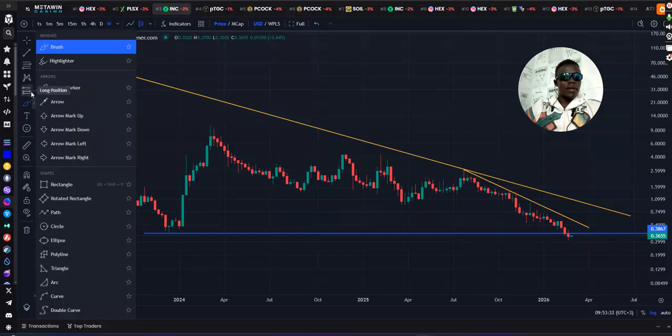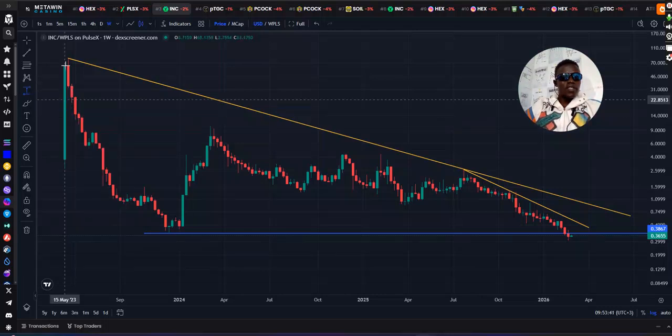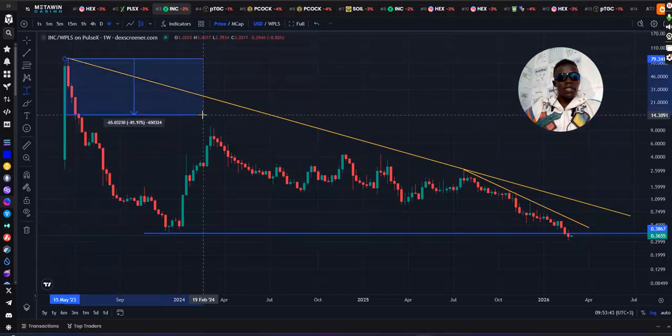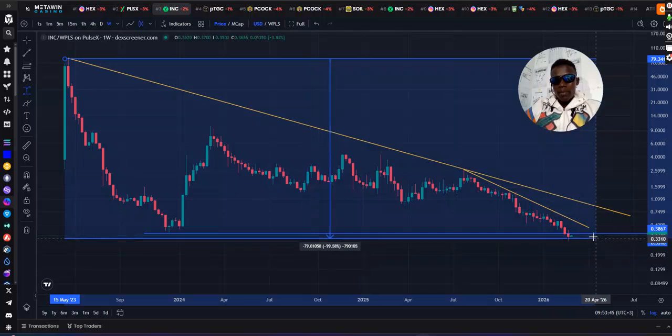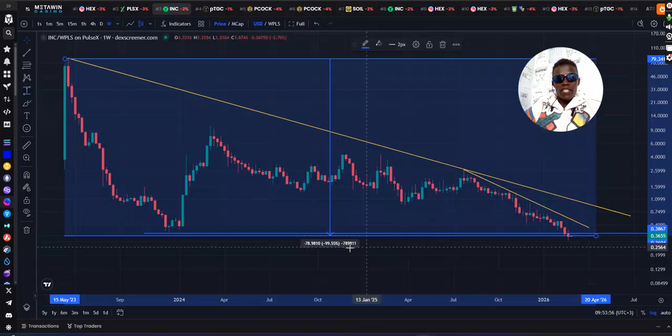Now, quick analysis. We're just measuring from its all-time high to its all-time low. How is price performing? So we take this price range and our projection. We are just projecting to see the price range from the all-time high up to the current price that it is right now. It's down around 99.55%. Actually right now it's not 99, it's around 96.